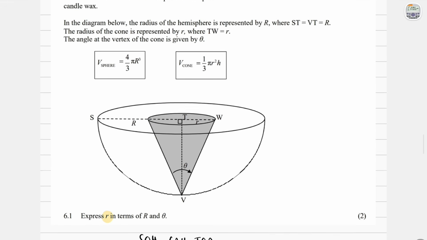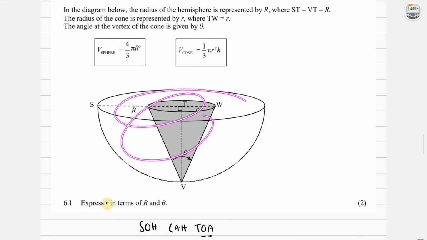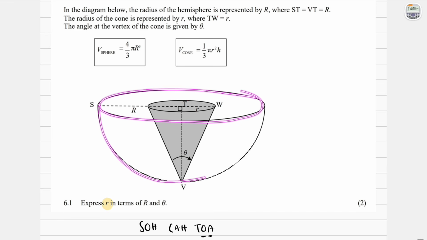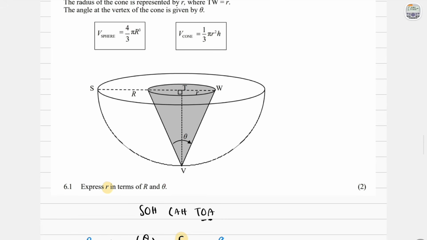To find this, we're using volume because we're looking at the space filled up, the remaining space. If you take the volume of the hemisphere and then minus the volume of the cone, you'll be left with the outer parts. That's the remaining volume after that has been drilled into it.